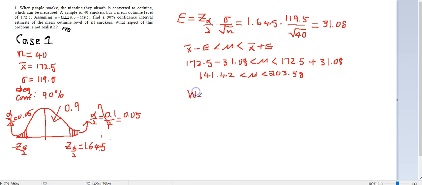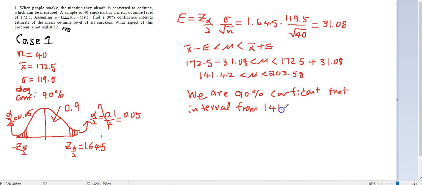So we are 90% confident that the interval from 141.42 to 203.58 does contain the true value, mu.